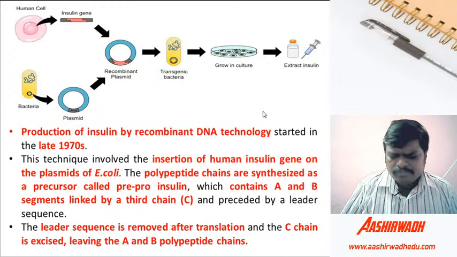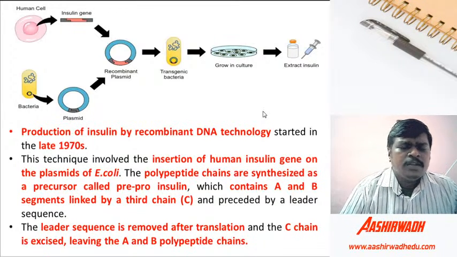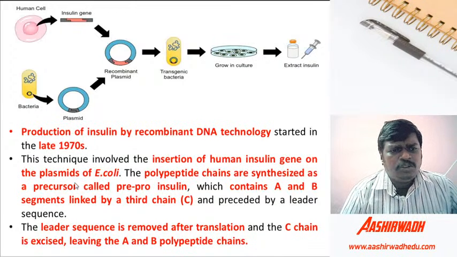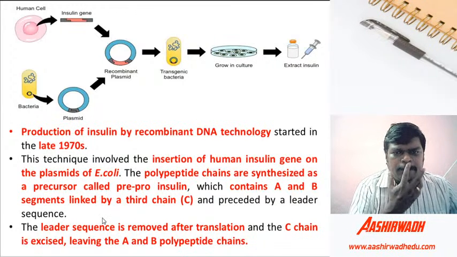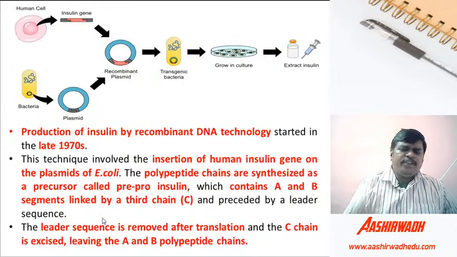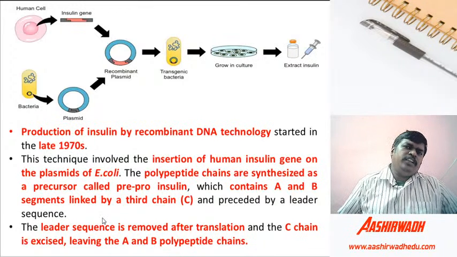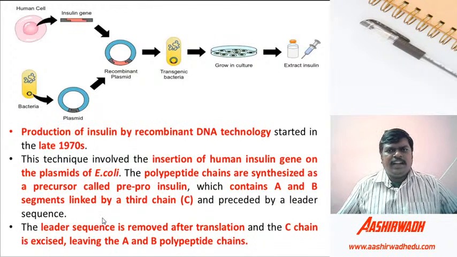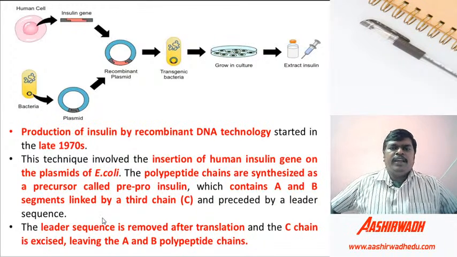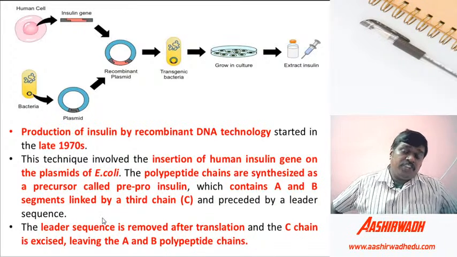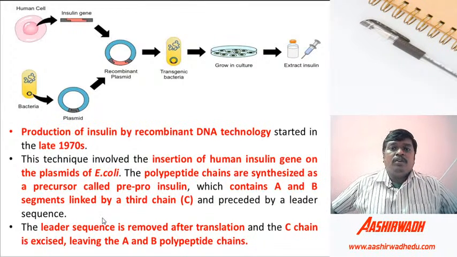But the insulin we obtain through recombinant DNA technology has 3 chains of insulin. Usually, human insulin contains A chain and B chain. A chain contains 21 amino acids, B chain contains 30 amino acids. Whereas here a linked third chain, the C chain, is also present during the production.